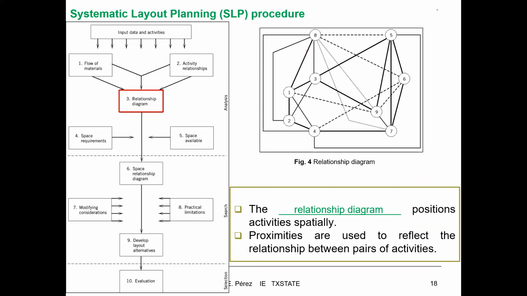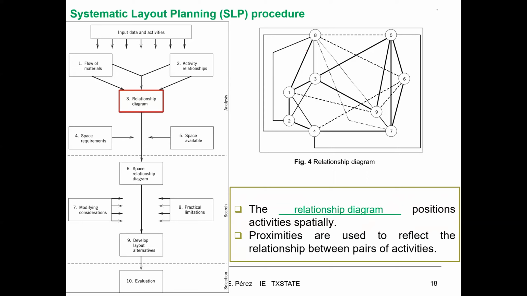And then using that information and the flow of materials, we can start developing what is known as a relationship diagram, an example of which is illustrated in figure 4. The relationship diagram positions activities spatially. Proximities are used to reflect the relationship between pairs of activities.